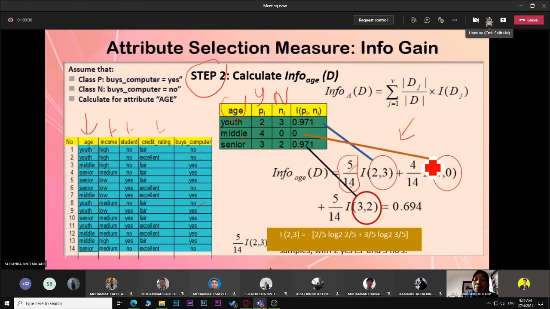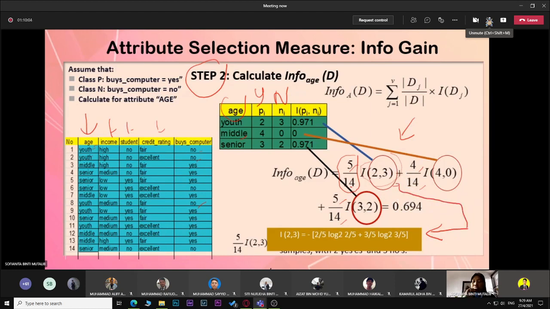Meanwhile for middle, there are 4 samples over 14, and for senior, you have 5 over 14. And how about this one? This implements the previous formula: minus 2 over 5 log 2 of 2 over 5, plus 3 over 5 log 2 of 3 over 5.